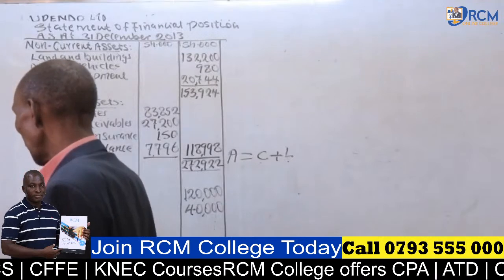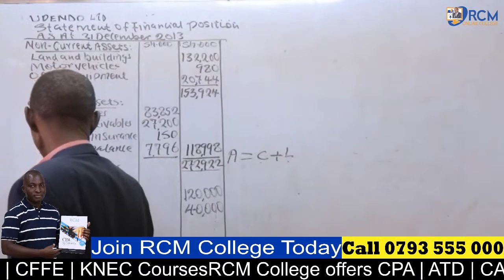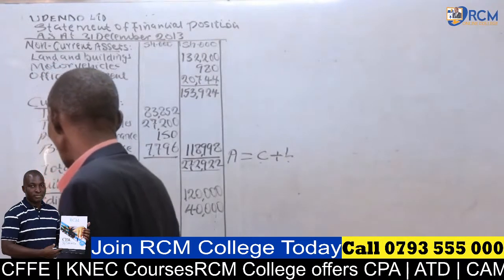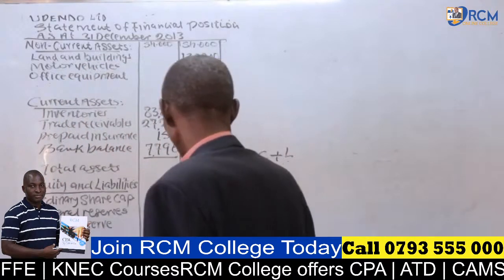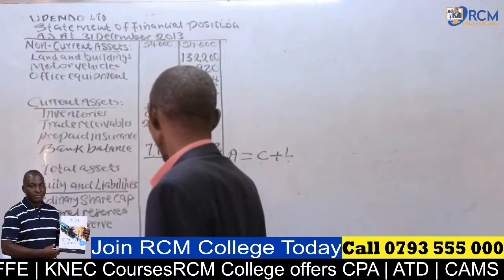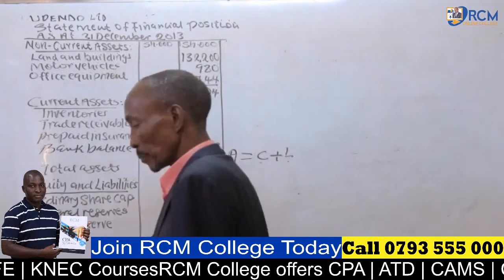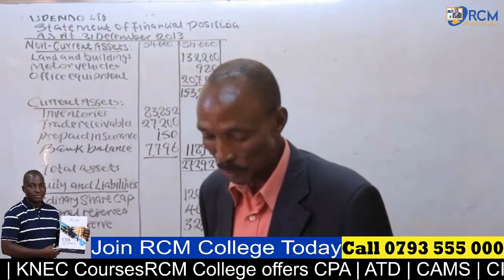Then we come to revenue reserve. That's a retained profit. Revenue reserve is also called retained earnings. That was 32,452. Very important as you do the workings, you keep also preserving those workings.